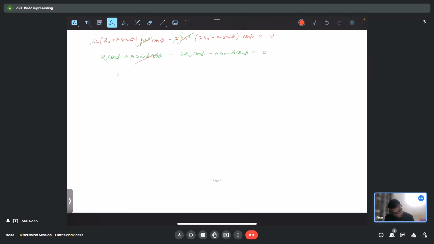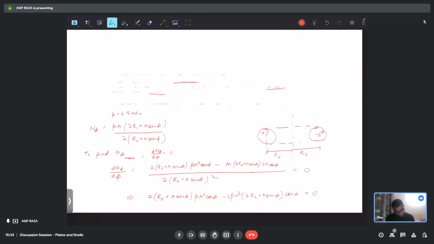So this will get cancelled out, and we have minus r0 cos phi equal to 0, which gives me cos phi equal to 0, and this gives me phi equal to pi by 2.